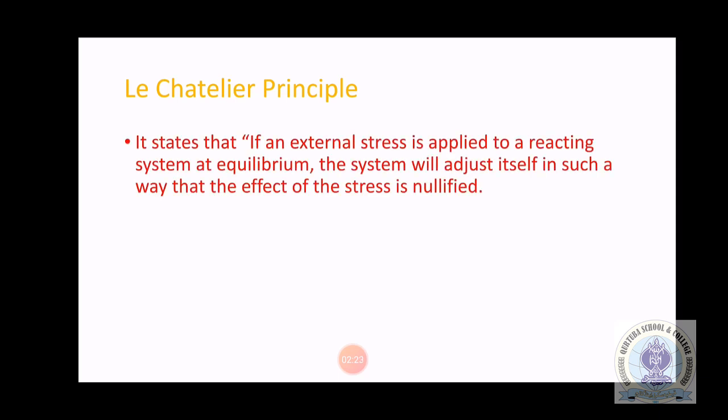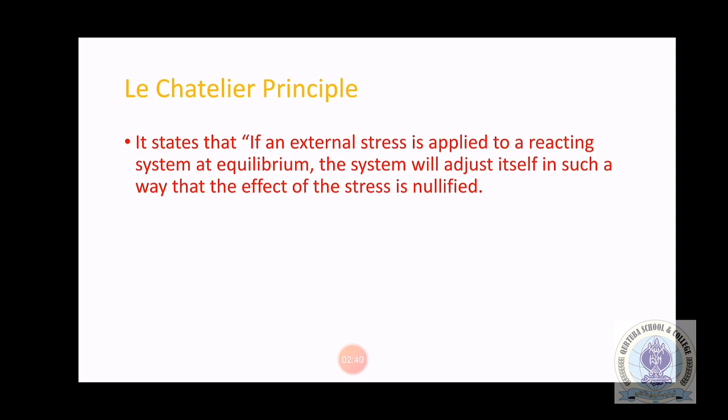We can also define Le Chatelier's principle as: if an external stress, meaning a change, is applied to a reacting system at equilibrium, the system will adjust itself in such a way that the effect of the stress is nullified.